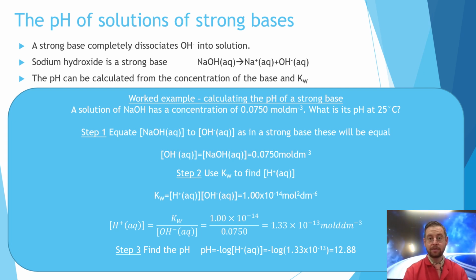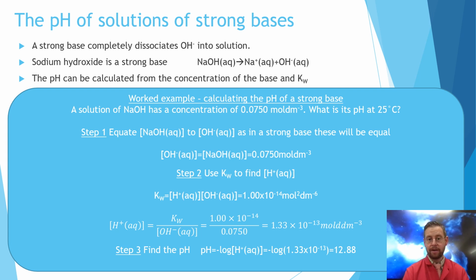So that means that the concentration of the NaOH to start with is the same as the concentration of the dissociated OH minus, because all of it has dissociated. That means we can set the OH minus in this example equal to 0.0750 moles per decimeter cubed. Now, using the method that we've just used, we could then find out what the concentration of H plus was in this solution.